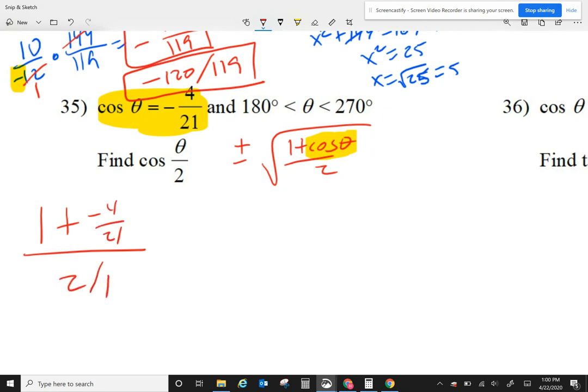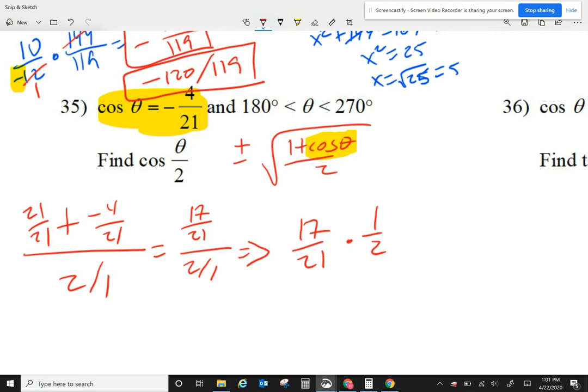So in fact, let me write that as 2 over 1. My 1 at the beginning, let me call that 21 over 21. So I have 17 over 21 over 2 over 1. That is basically 17 over 21 times 1/2. So that gives me 17 over 42.